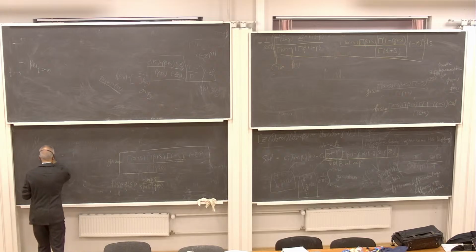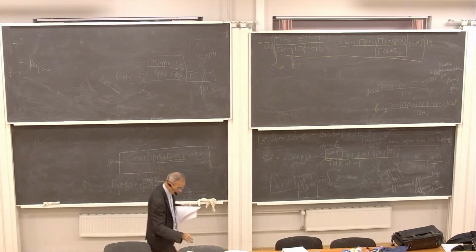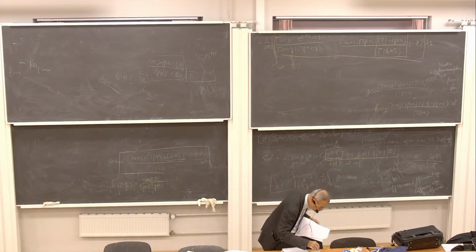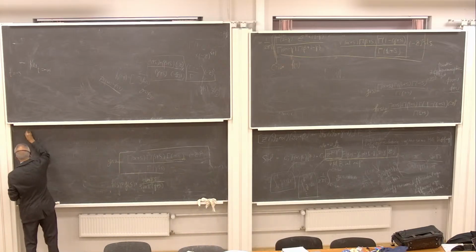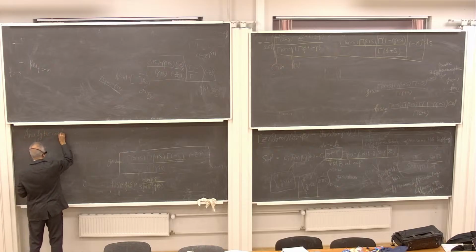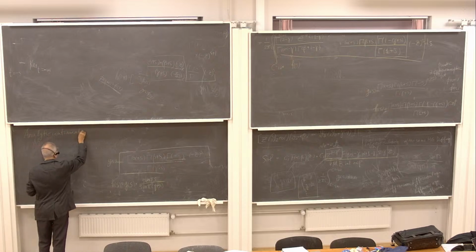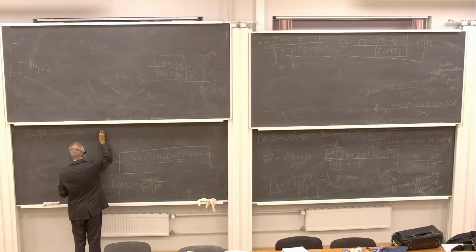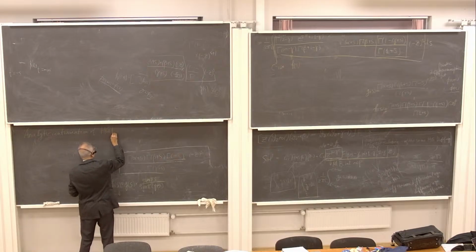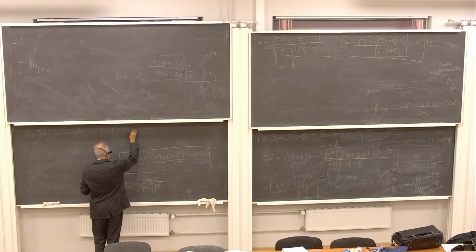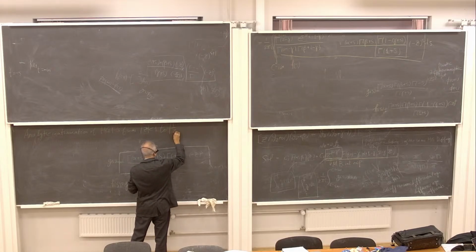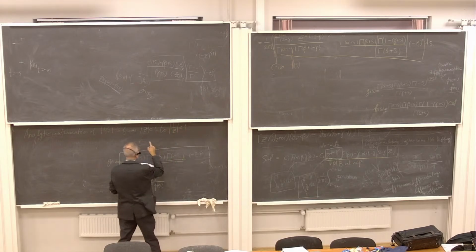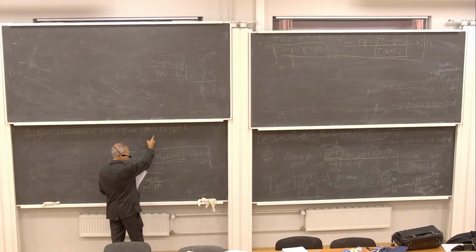And now we want to calculate the monodromy, or analytic continuation, of hypergeometric functions from the neighborhood of 0 to the neighborhood of infinity.